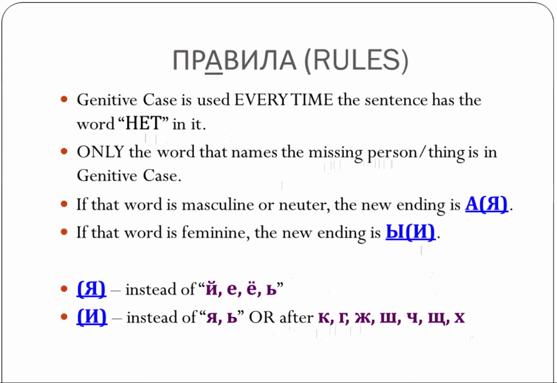But since we don't have the name, we have a question word instead, who. That's the word that's going to be in genitive case. And question words have their own forms for different cases. And кто will change to кого, because this sentence has нет, and кого is the genitive form of кто. So кого сегодня нет? Who is absent today?